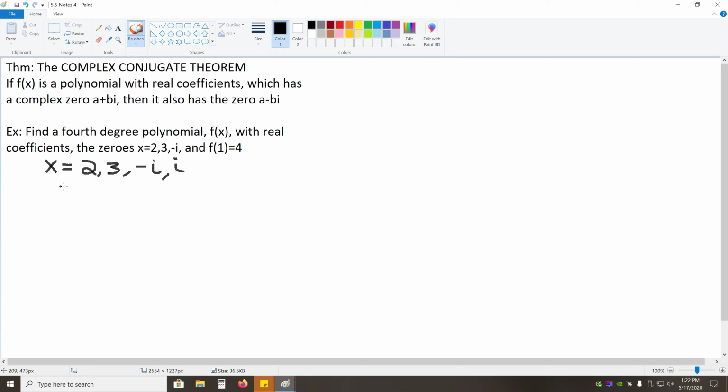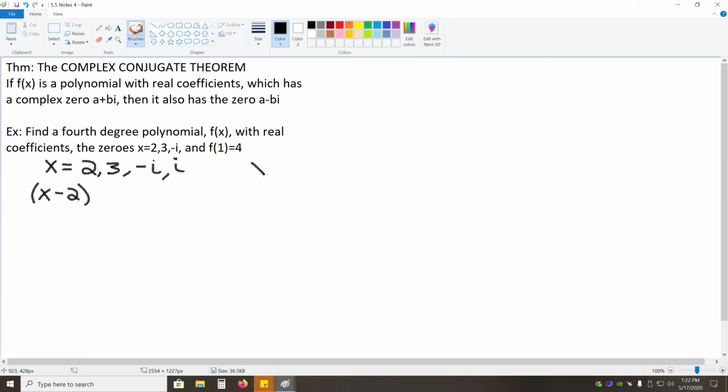So from there, now that we have all four of our zeros, since it's a degree 4 polynomial, it has to have 4 zeros, we can now change these to their factors. Remember, if x equals 2, then the polynomial has to have the factor x minus 2.